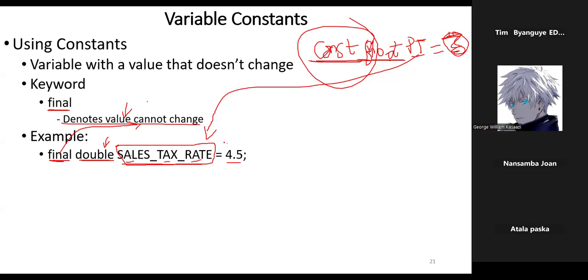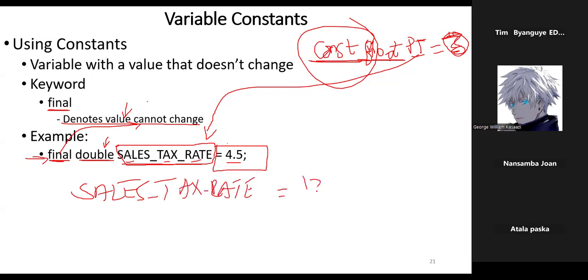Then the other rule, and this is a rule because it comes with errors, is you should always initialize your variable constants. The rule would be violated if you go down here and say sales tax rate is equal to 12.